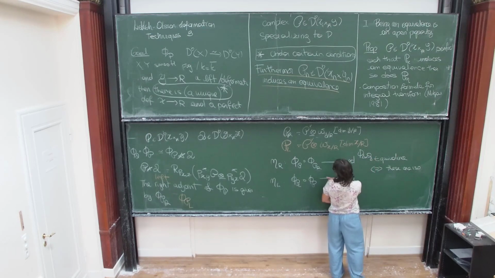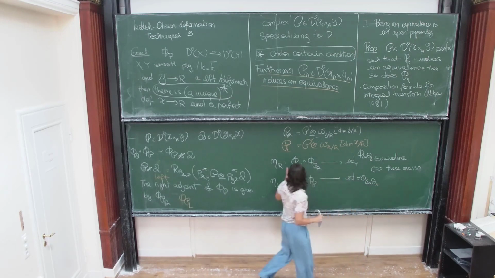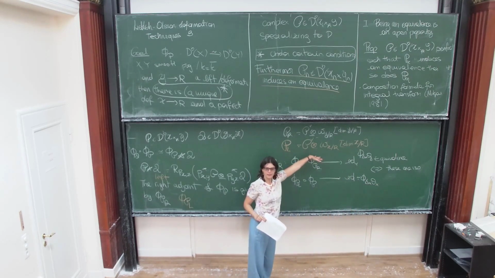So this was the identity on Y, and this is the integral transform with kernel O_Δ of X. And functorial morphisms between integral transforms induce morphisms of the kernels.